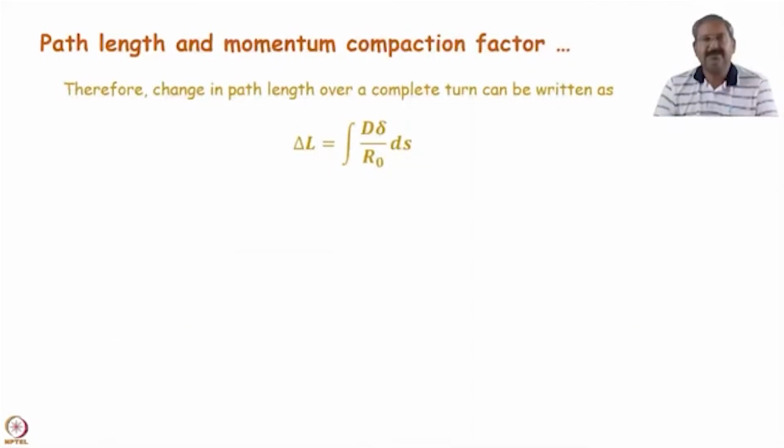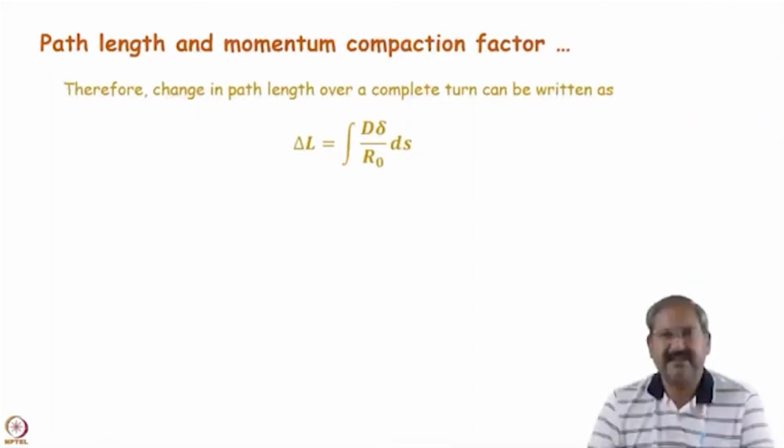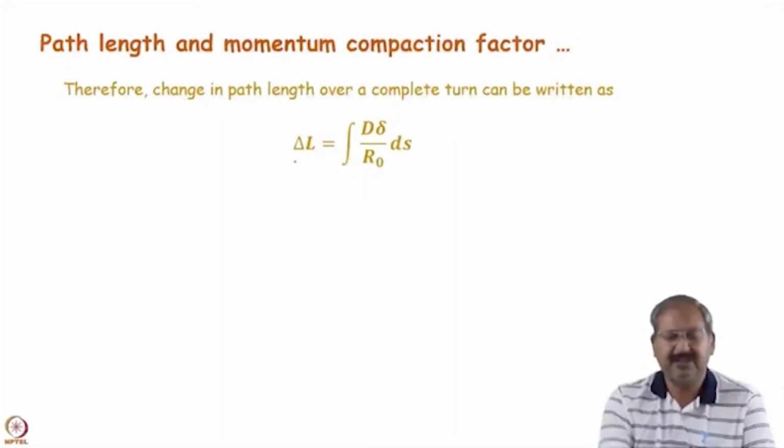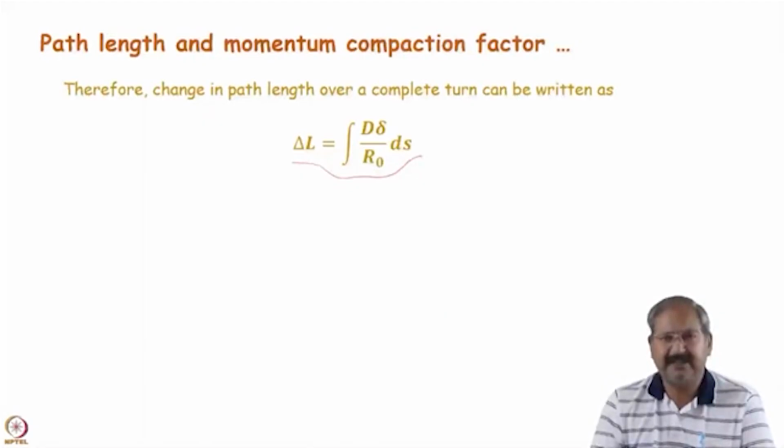So this delta s1 minus delta s was calculated for a small segment of the bending magnet. Now all over the ring, if you want to calculate delta L, it will be the integration of D delta upon r naught ds. Now over one turn, the particle exits the RF cavity and after one complete turn it is again reaching the RF cavity.